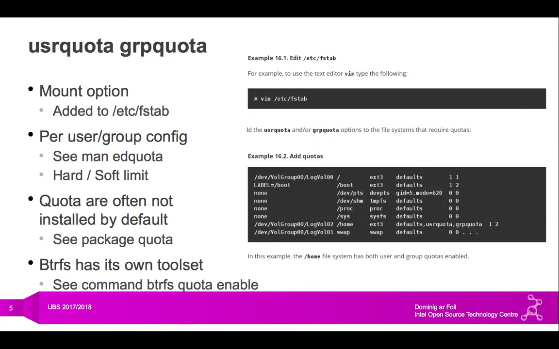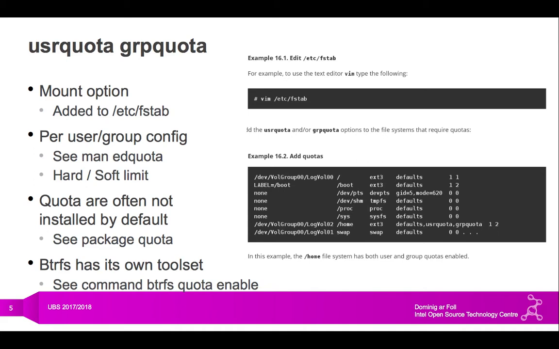Now the capability is created using two options. One is called usrquota and the other one grpquota, which are pretty self-explanatory. They tell what you want to do, and because they're mount options, you're going to find the quota traditionally added in the fstab, where you're going to put it as an option of the mount.